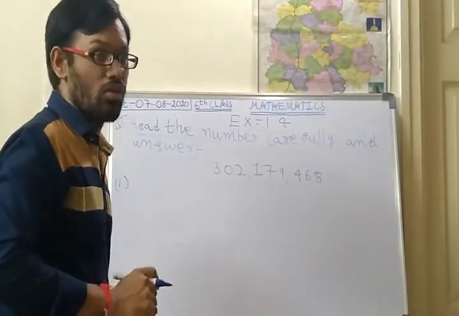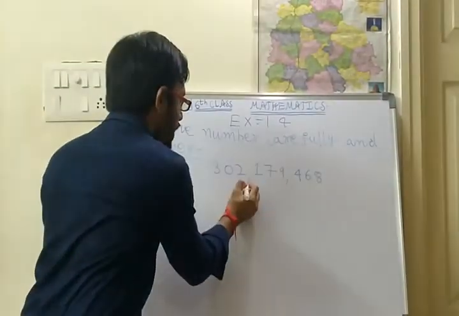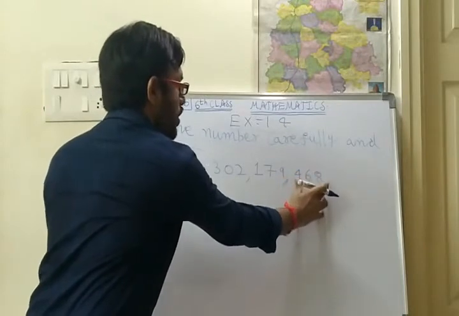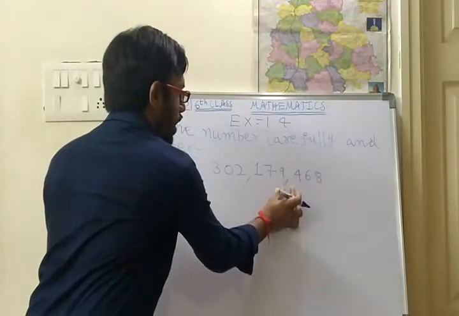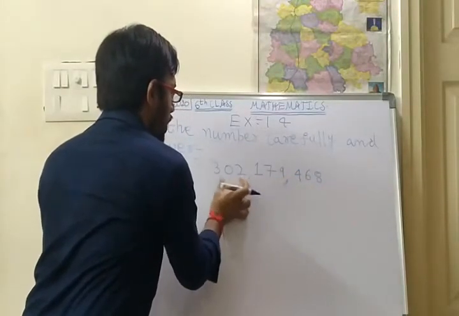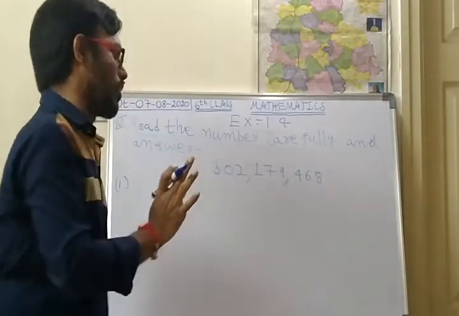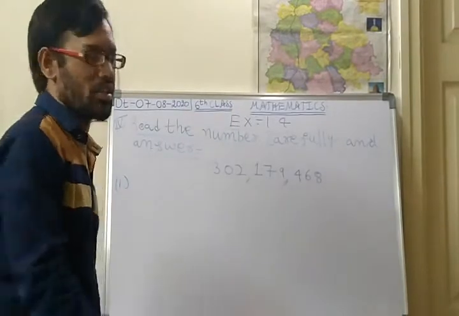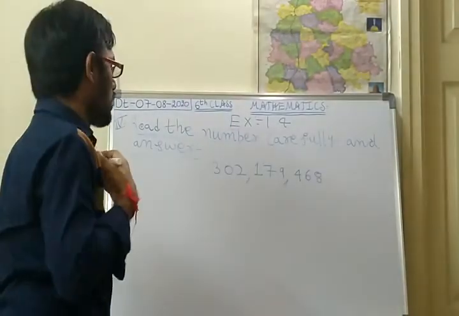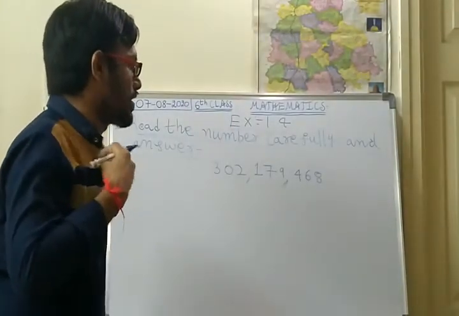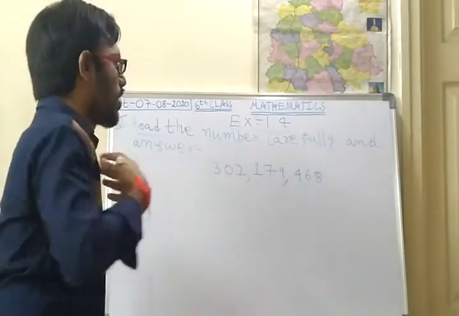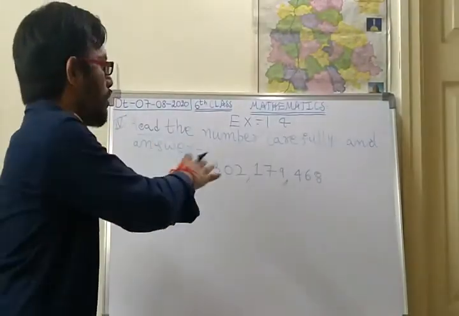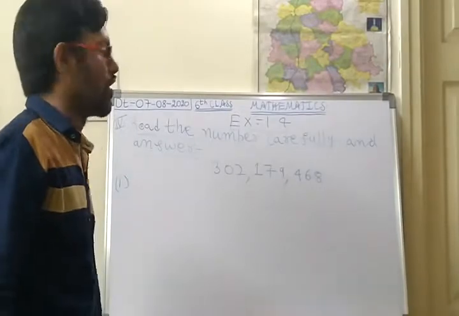Because commas are placed after every 3 digits. 3 digits, again comma. 3 digits, again comma. 3 digits, afterwards no comma. So with the help of commas, we can say that this number is in the international system.